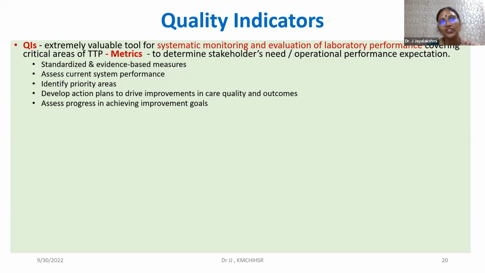Here the customer could be the patient who's giving the sample, or it could also be the clinician who's asking for a test. And this could also capture the operational performance expectation of the laboratory. So in many laboratories, if you look at the quality indicators, they focus on all the areas which would look at the financial cost.